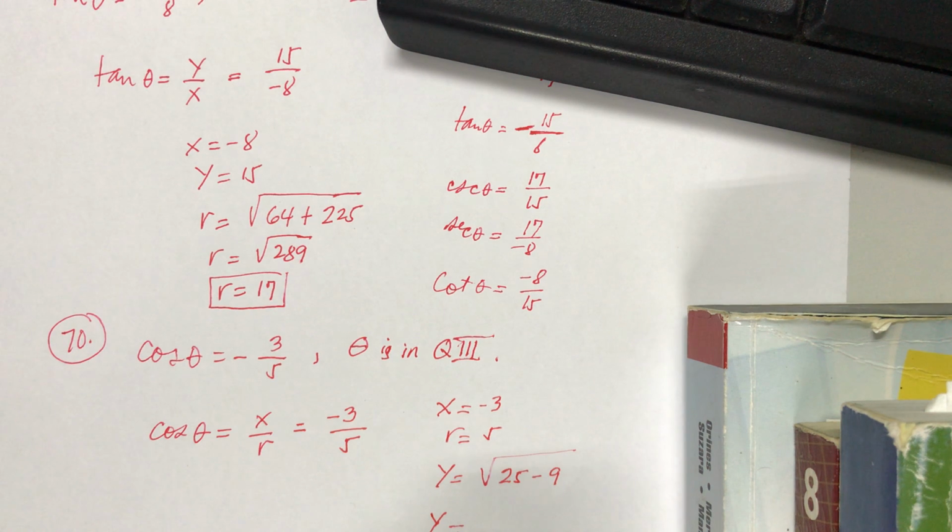But between positive 4 or negative 4, which one will you take? Take note that the angle theta is found in quadrant 3. And remember that the x-coordinate and the y-coordinate of any point found in quadrant 3 are both negative. The abscissa is negative, the ordinate is negative. So you will take negative 4.